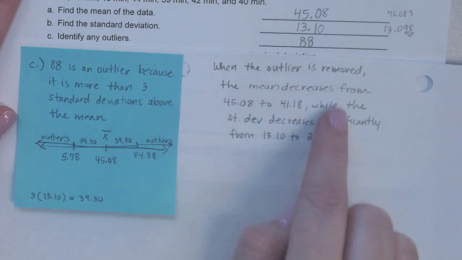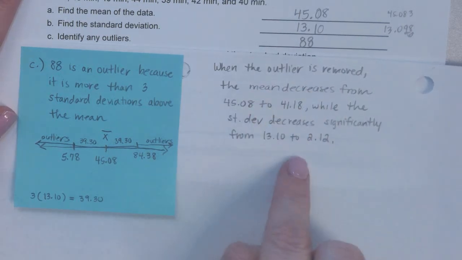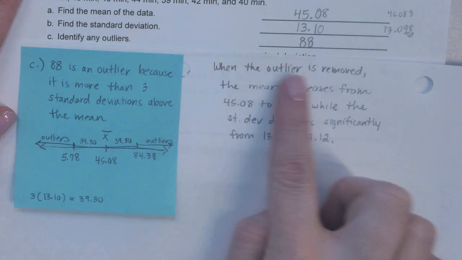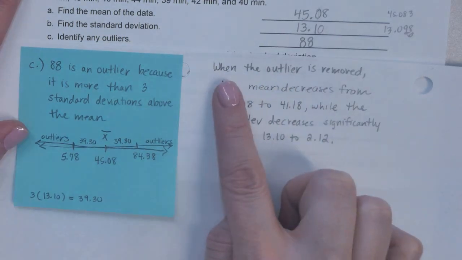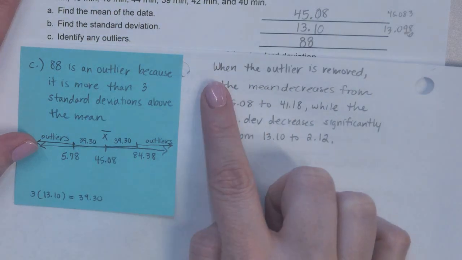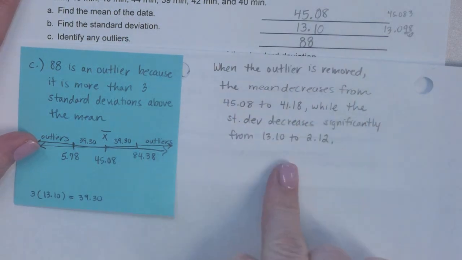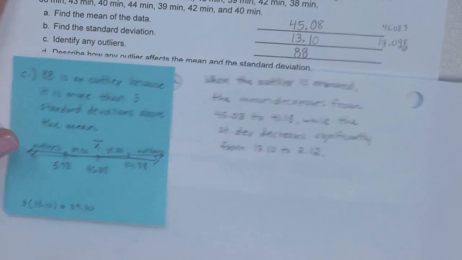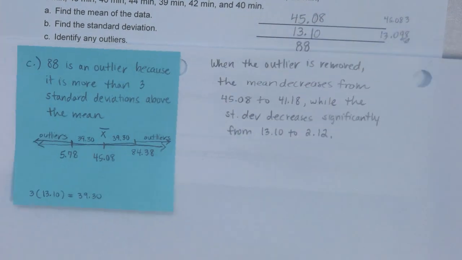Okay, so you got to tell me if it increases or decreases. Okay, and then this would be a great transition statement that explains what's happening. When the outlier is removed, this is what happens. Okay? Alright, so tomorrow, normal day, we'll come in, we'll take our quiz.